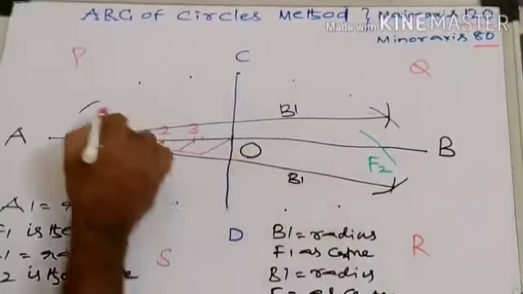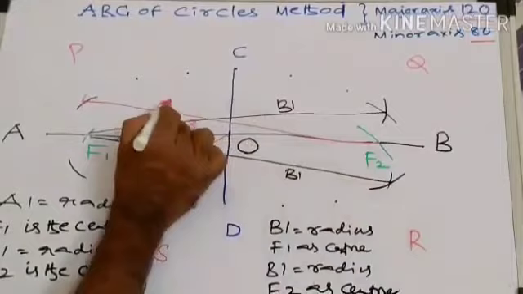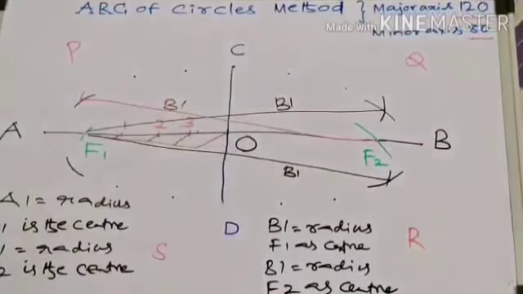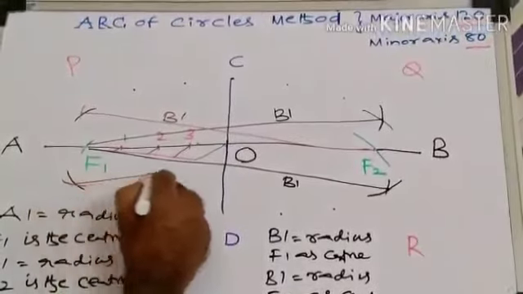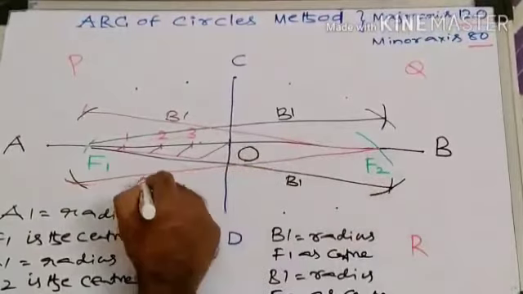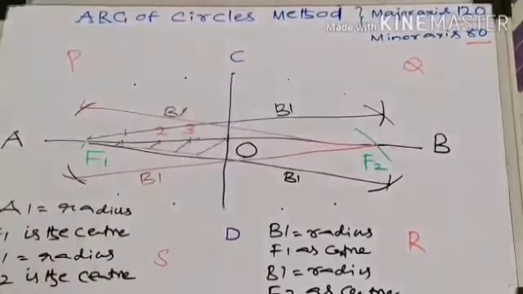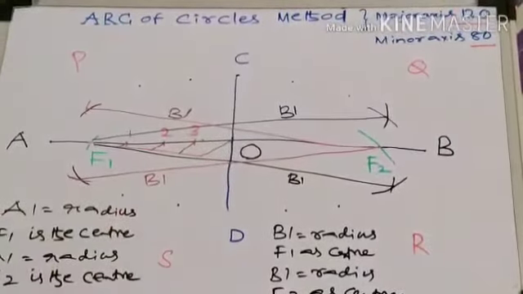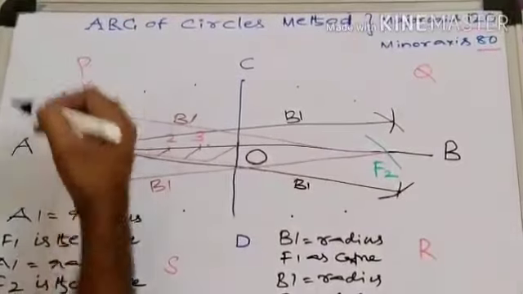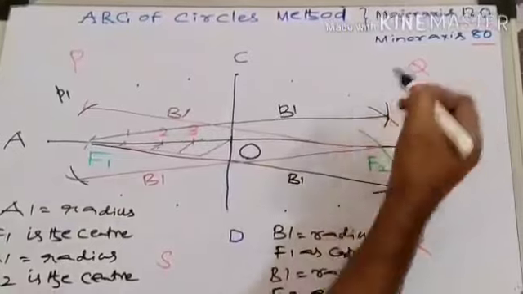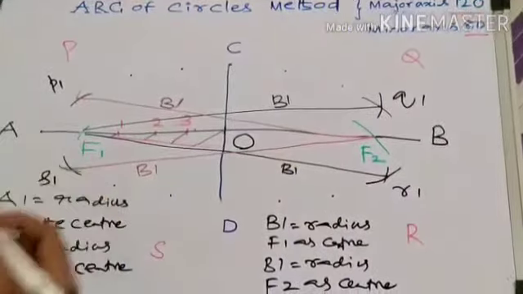This is going to be another point, with radius B1. Now we are getting 4 points: this is P1, Q1, R1, S1.